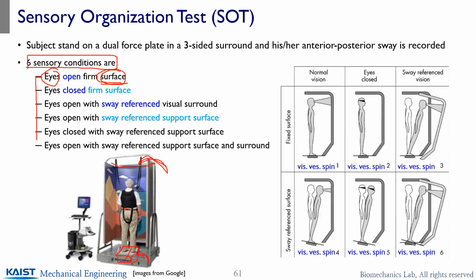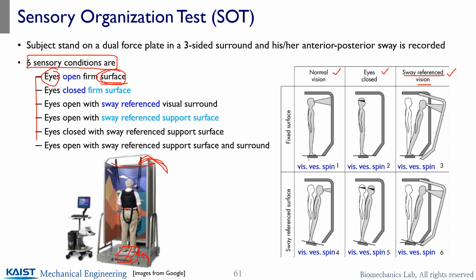For vision, there is regular normal vision, and there is an eyes closed condition, so no more vision information. And the environment that covers the subjects will move with you. It's called sway referenced vision. So even though vision information is coming, that information does not really reflect how you move, right? It's false sensory information per se.